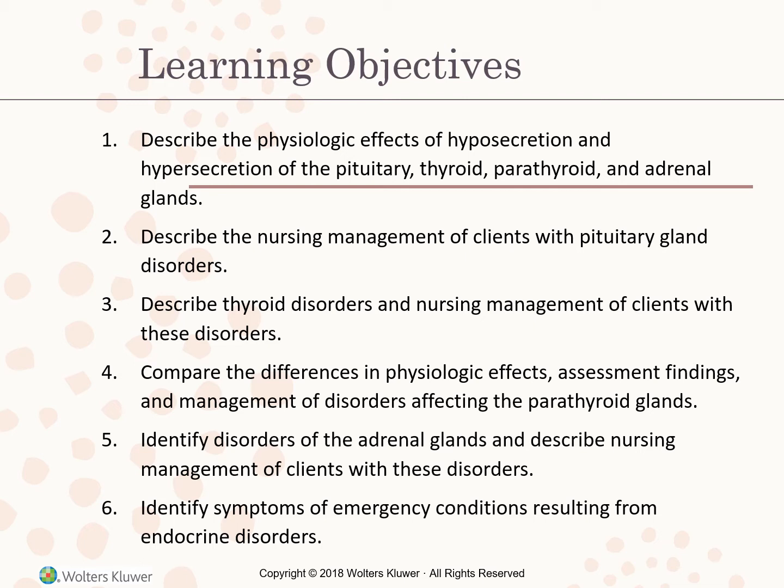We're going to describe the nursing management of clients with pituitary gland disorders, describe thyroid disorders and nursing management of clients with these disorders, compare the differences in physiologic effects, assessment findings, and management of disorders affecting the parathyroid glands, identify disorders of the adrenal glands, and describe nursing management of clients with these disorders. And finally, we'll identify symptoms of emergency conditions resulting from endocrine disorders.